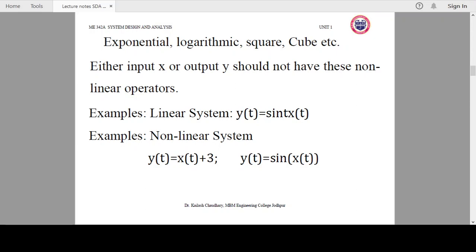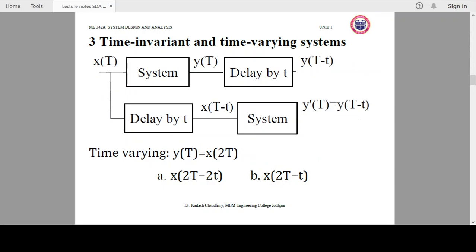And you can easily see for the below example, y(t) equals x(t) plus 3, the first equation in the last line of this slide, if you put x equals 0, you won't get y equals 0, you will get y equals 3. These kinds of mathematical equations are known as non-linear systems. This is how we differentiate between linear and non-linear systems.